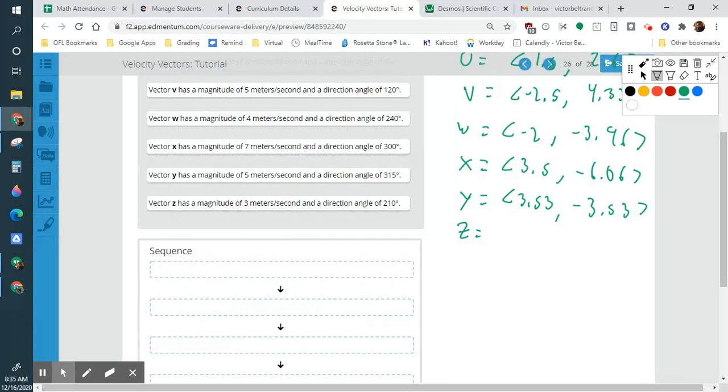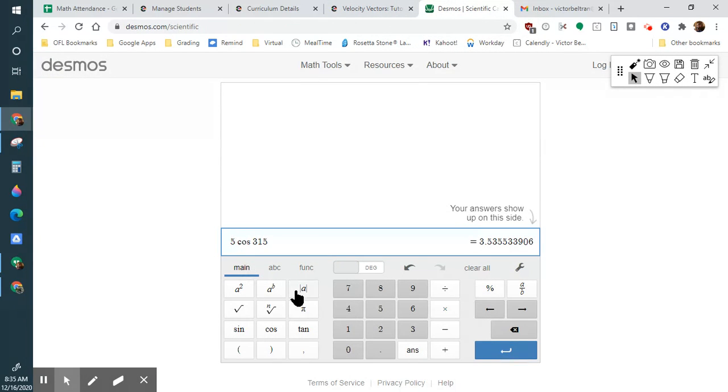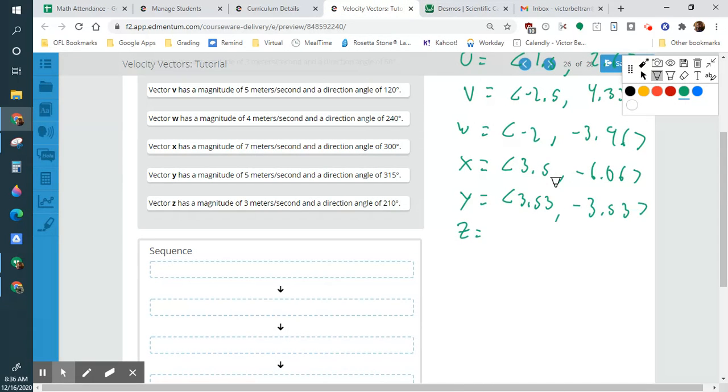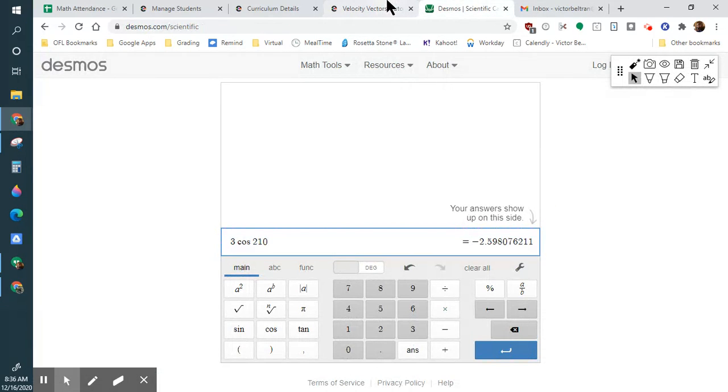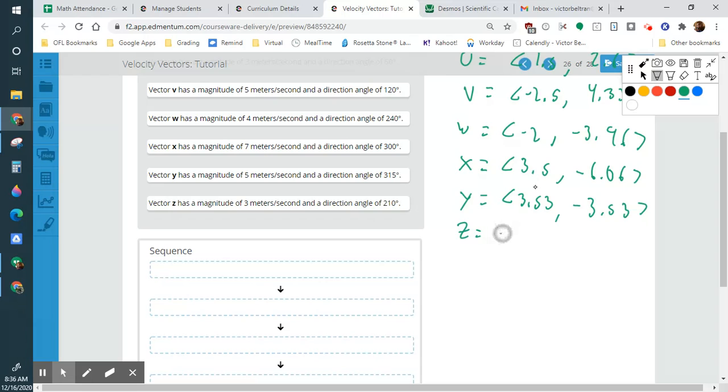Let's see here. Magnitude is 3, angle is 120. So that would be negative 2.6 for cosine, and negative 2.6.